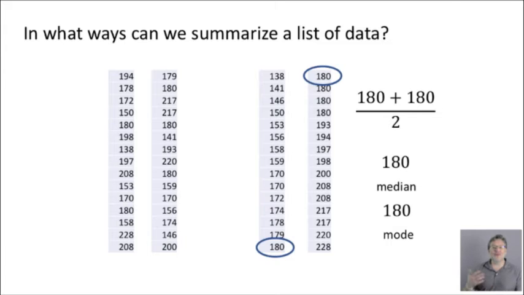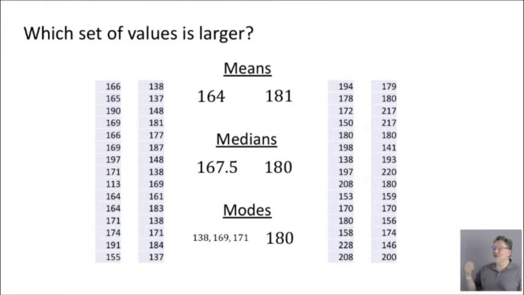So let's put all of this together. We're showing the 2 data sets here once again, the one on the left, the one on the right, and as we can see, the mean of the one on the left is 164, the median is 167.5, and there is a 3-way tie for the mode. There's 3 different modes: 138, 169, and 171.